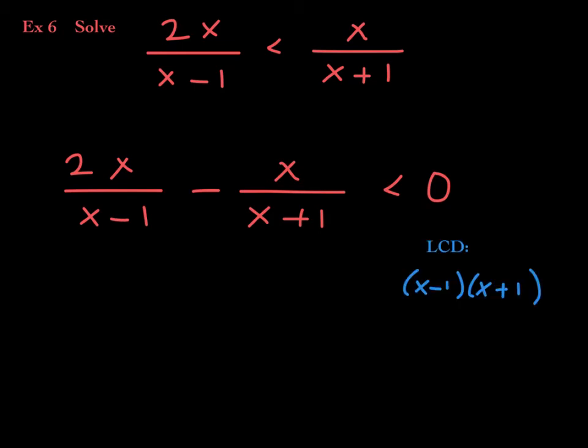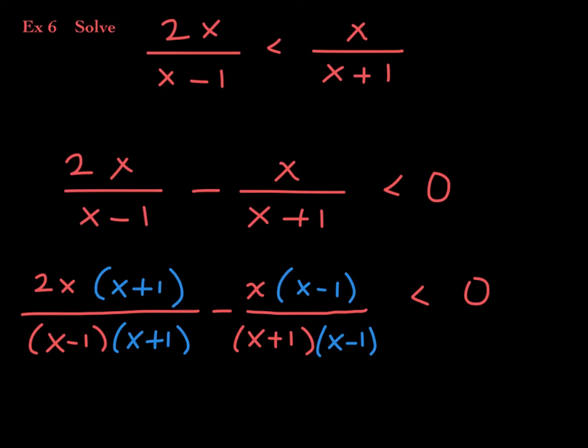So then each of these denominators need to be x minus 1 times x plus 1. So this expression is going to have to be multiplied in the numerator and the denominator by x plus 1. This expression is going to have to be multiplied in the numerator and the denominator by x minus 1.